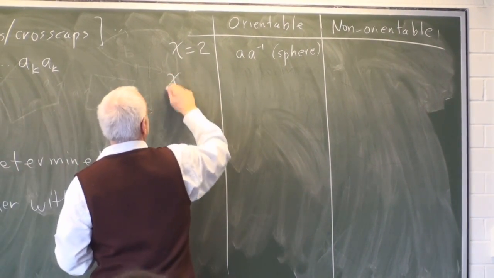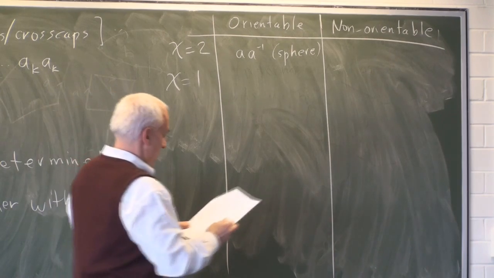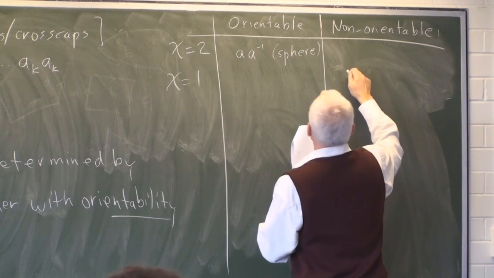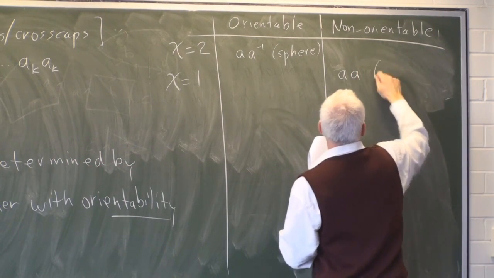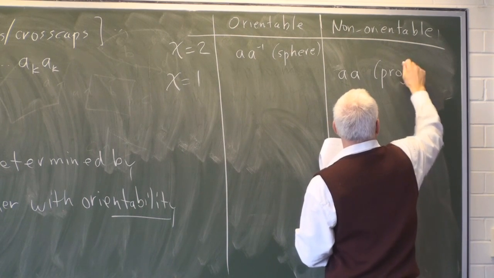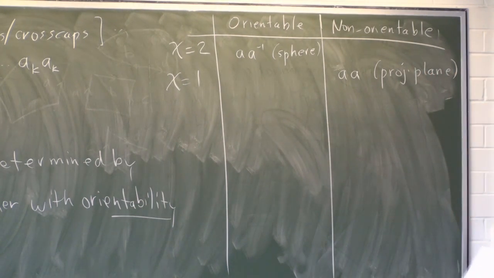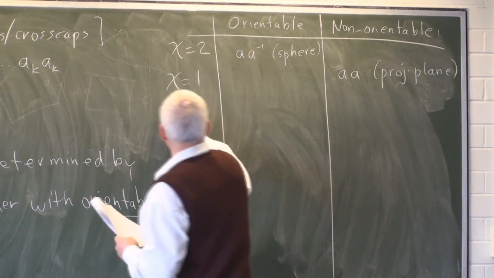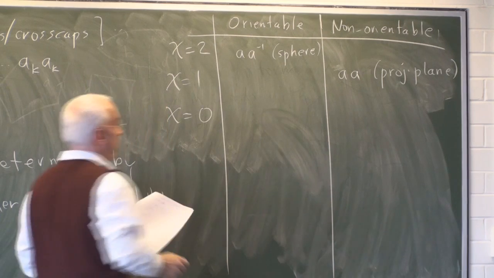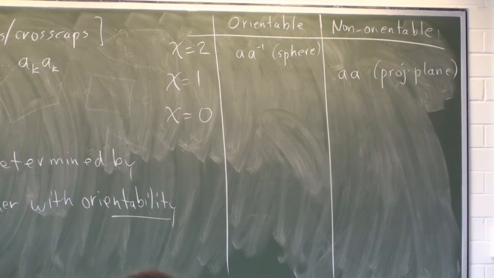Chi equals 1. We have A A, that's our projective plane. For chi equals 0, there are two possibilities.